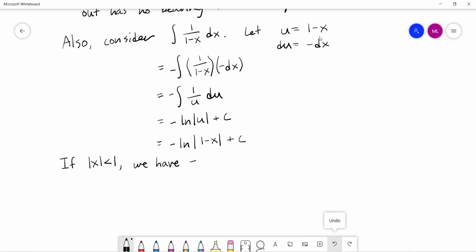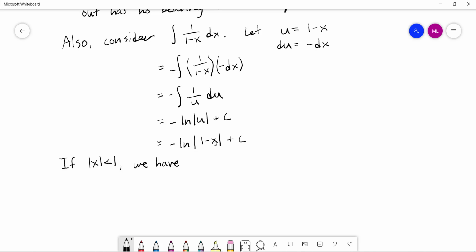Keep this in mind. So let's think about what we're doing here. If the absolute value of x is less than 1, what does that mean in here? That means that this term is going to be less than 1, which means the term inside our absolute values is going to be positive. Basically, the biggest value that this can be is a little bit less than 1.